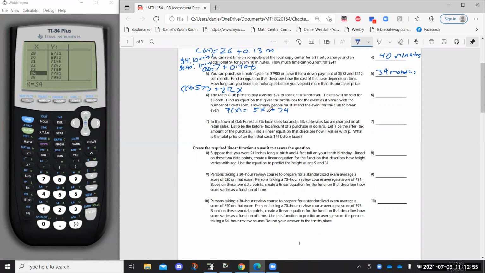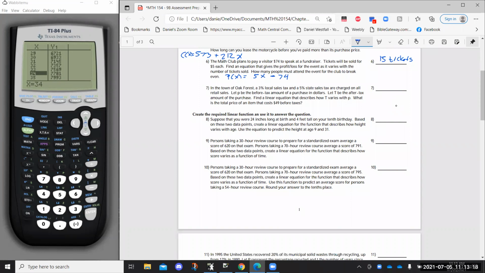When will they break even? Once they've sold at least 15 tickets, because 14 tickets is only $60. 15 tickets is going to be $75. They'll have $1 in profit there. So they can only sell a whole number of tickets, so they need to sell 15 tickets.